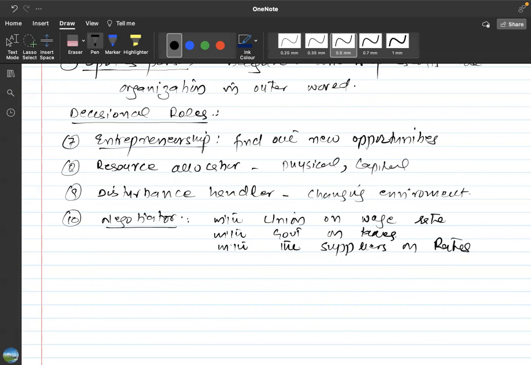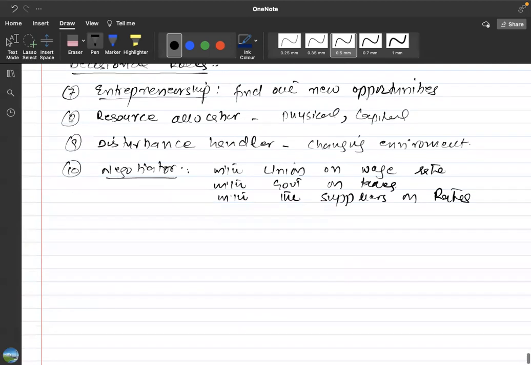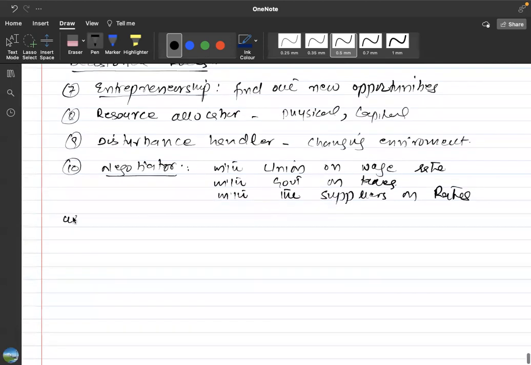We can use these Mintzberg roles in different ways in the organizations. Uses of Mintzberg roles. We can use them at the time of recruitment. We can identify during the interviews, we can try to judge which specific roles the person is required to perform and which specific roles he can perform according to the skills that he has written on his CV.